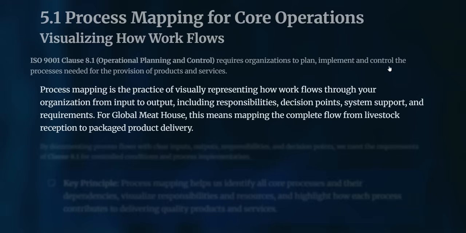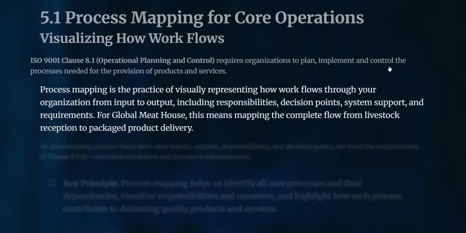What does that mean? Process mapping is the practice of visually representing how work flows through our organization from the input to the output. That means, in simple language, you draw a process map of how the product goes from point A to point B, to point C, to point D. So from raw material to the final product.